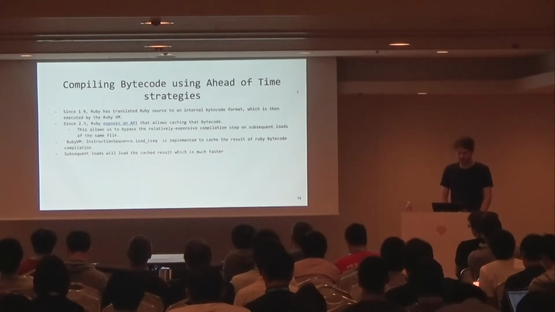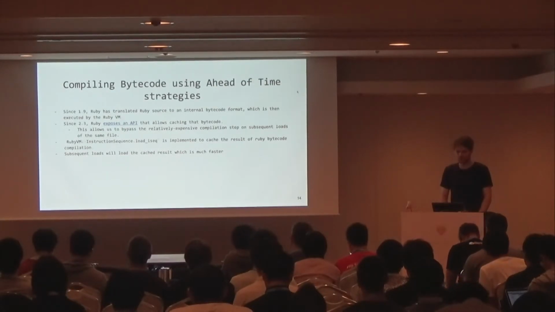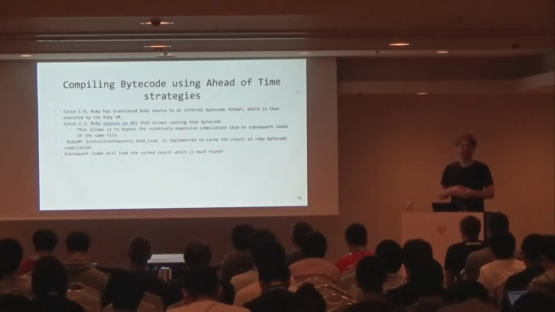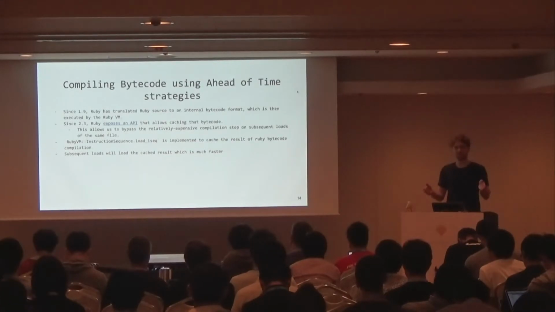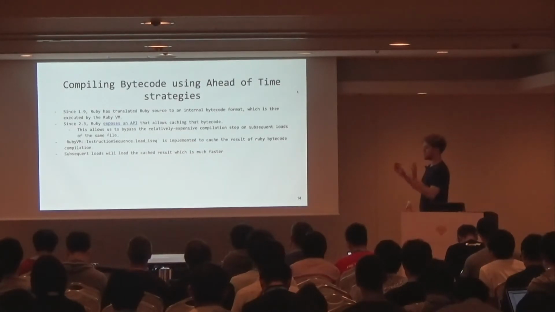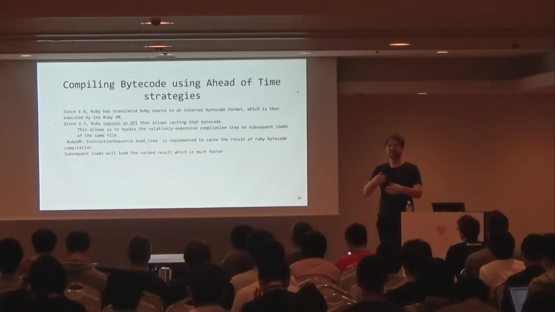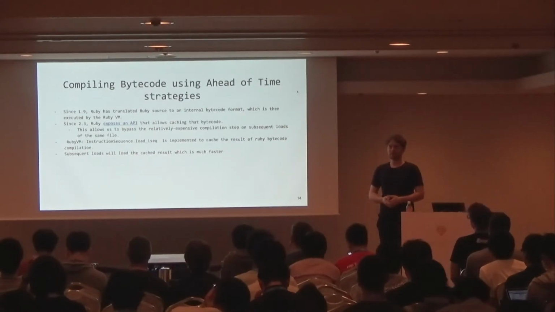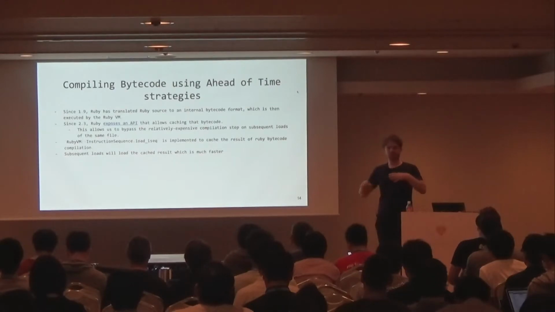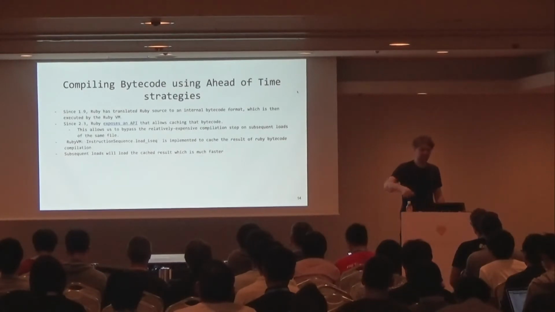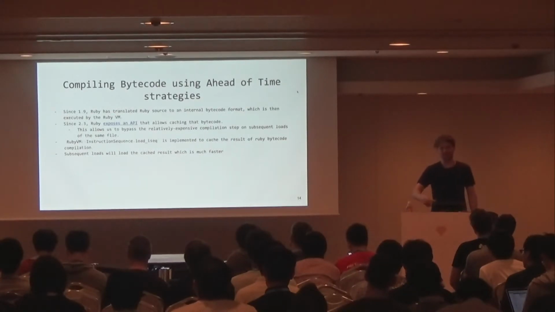So in Ruby 2.3, the RubyVM::InstructionSequence.load_iseq was introduced, which allows us to bypass a pretty expensive compilation step that happens every time you load a file. So in Ruby, what will happen is you're going to load a file. Maybe it's just a hello world file, but that does get compiled. But if you require that file multiple times, or you reference it multiple times, each time you're going to compile again and again and again.